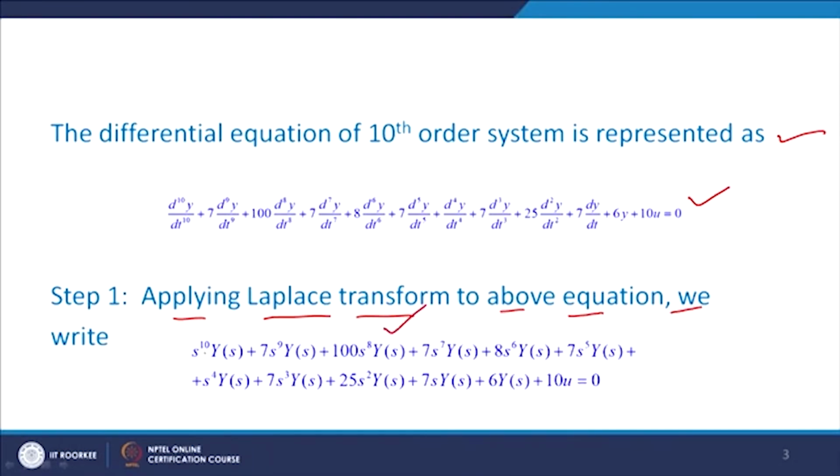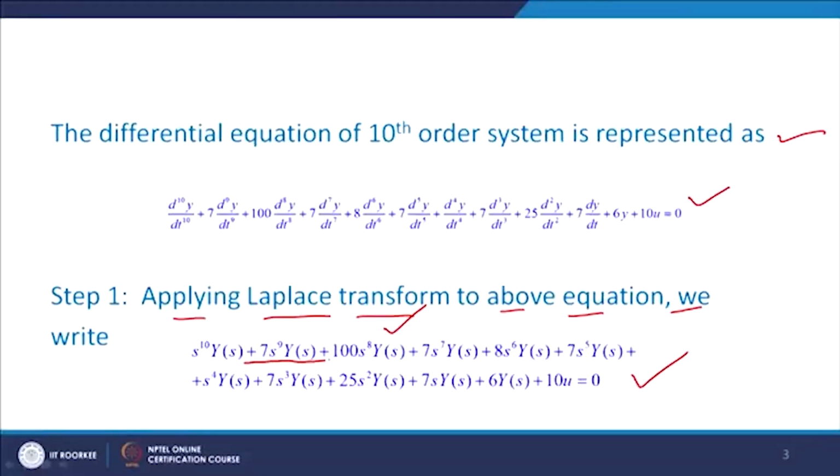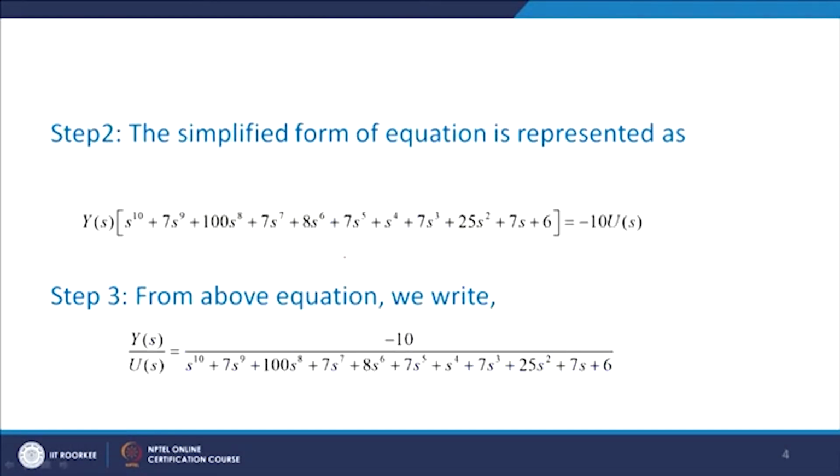Now the simplified form: we have taken Y(s) common and got this equation. From it we get Y(s) by U(s), a 10th order equation, and the minus 10 comes to this side.